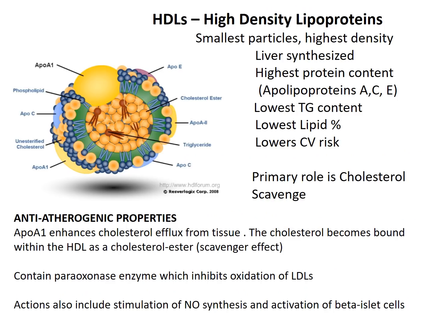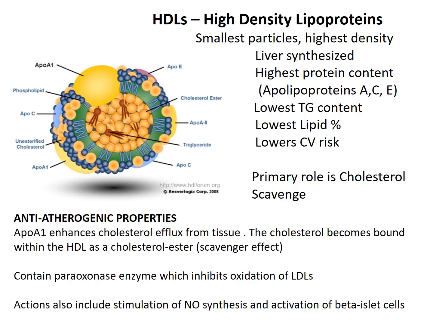The HDLs now are protective. These are smaller, they have high density, they're synthesized in the liver. Notice that they have different proteins on them. They have A, C, and E protein. They have a very low triglyceride content. They have a low lipid percent, and they scavenge cholesterol away from vascular tissue.